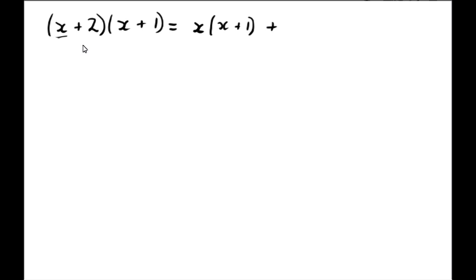So we're going to now extend that to algebra terms. But let's say we've got x plus 2 and we're multiplying by x plus 1. Now, using the same idea, I start off with my first number and I'm multiplying it by the second lot of brackets. The second number times the second lot of brackets.